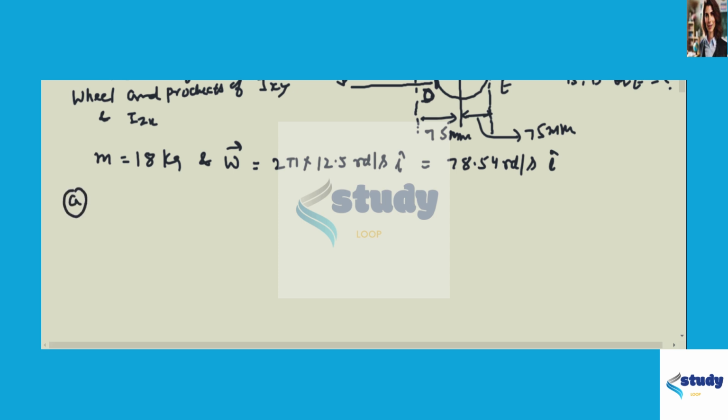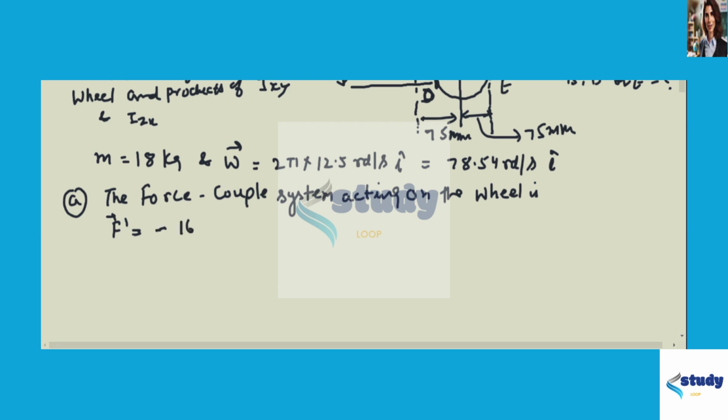Now, the first part, the force couple system acting on the wheel is F dash, minus 160 Newton j cap, and M dash C, minus 14.7 Newton meter k cap.